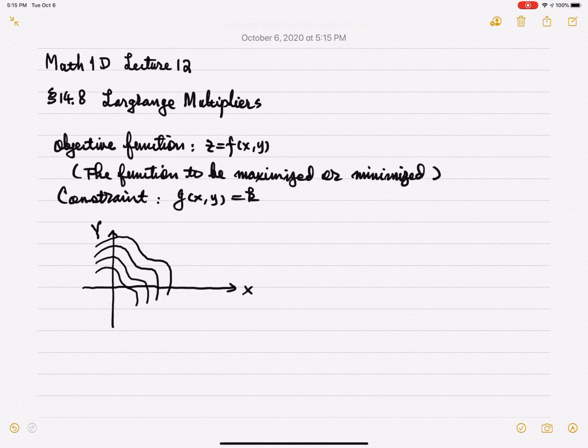For example, this is f equals 5, f equals 6, f equals 7, and f equals 8. From above to the bottom, the function is increasing. This is the level curve: we let z equal a constant and then keep increasing.